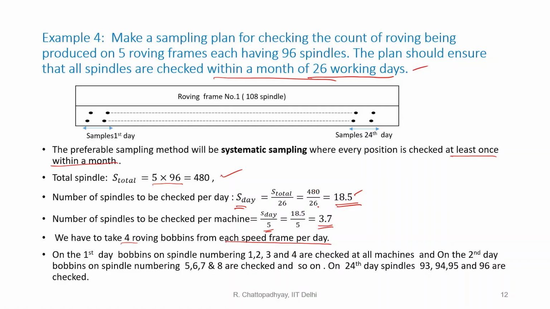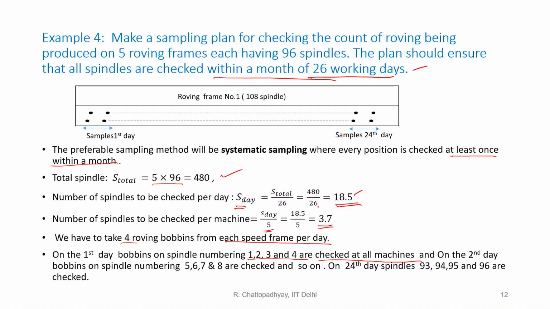Therefore, on the first day, spindles numbered 1, 2, 3, 4 are checked at all the machines. So if I have 5 machines, one after the other, from each machine, bobbins numbered 1, 2, 3, 4 are checked. We take 1, 2, 3, 4 from roving frame number 1, the same spindle numbers from roving frame number 2, the same from roving frame number 3, and like that we go on.